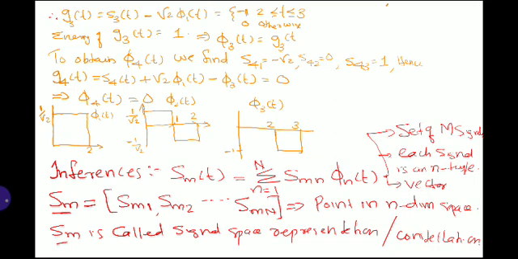So what are some of the inferences? A general signal Sm of t can be represented as sigma n equal to 1 to capital N Smn phi n of t. That is, each signal is an N tuple.